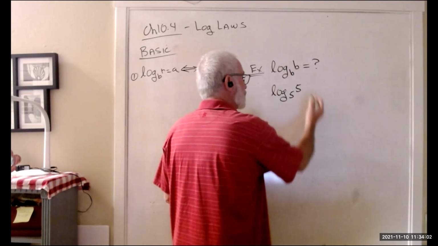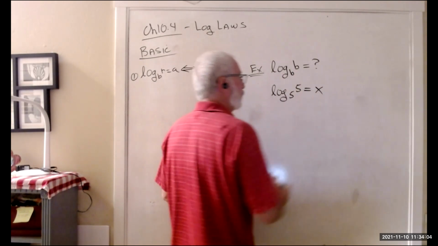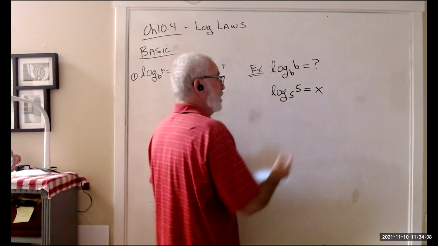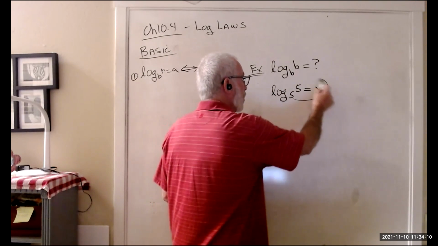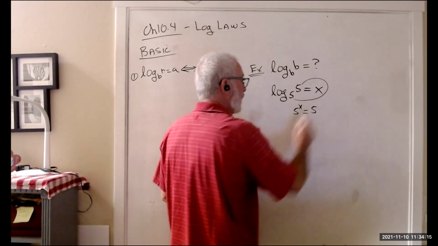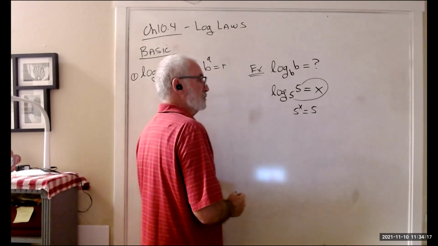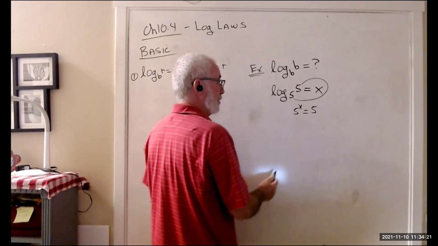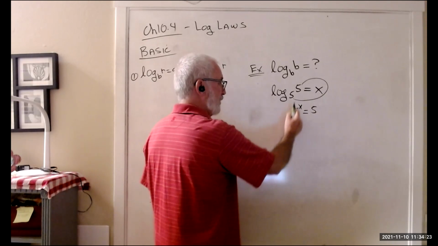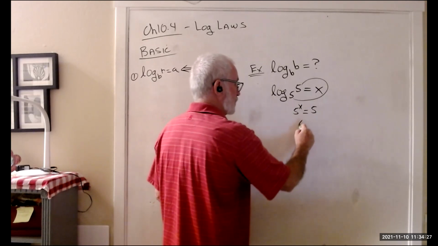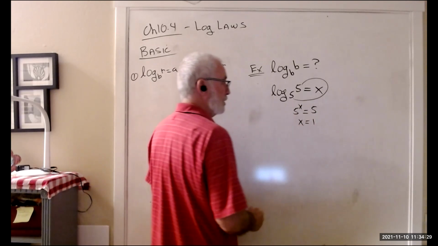Watch this. We know it equals something. If we apply the Brabar rule, we have 5 to the x equals 5. What's the only thing x can be to make that true? 5 to what power equals 5? Doesn't x have to be 1?